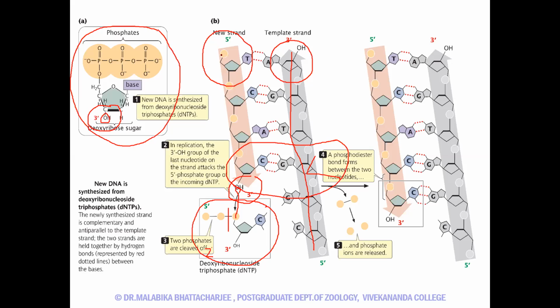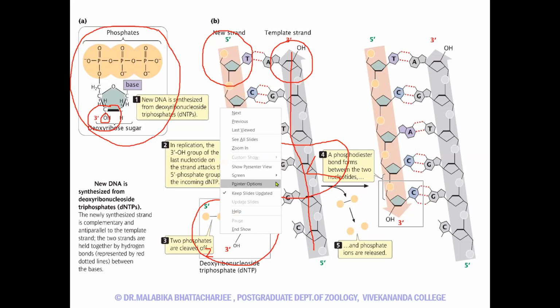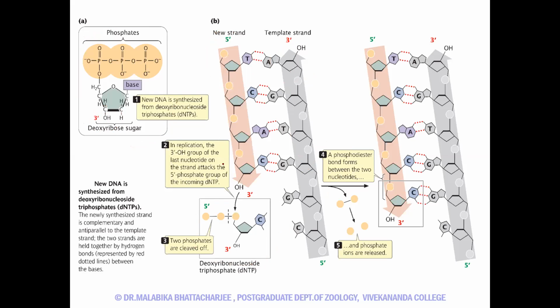As per the normal rule of DNA polymerization, new nucleotides are always added to the 3' end. So the RNA has to keep its 3' end free, and it binds with the 3' end of the DNA with its own 5' end.